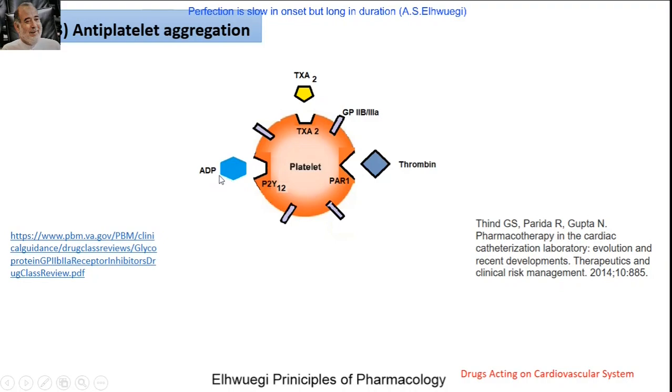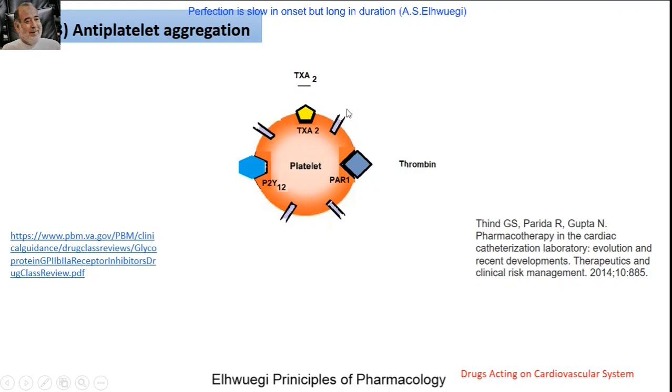Once adenosine diphosphate or thromboxane A2 or thrombin binds to their receptors, the glycoprotein receptors will be activated. They become active to receive binding with fibrinogen.